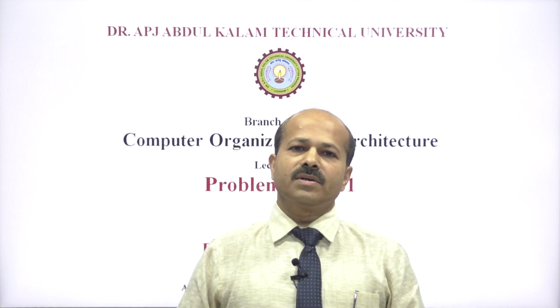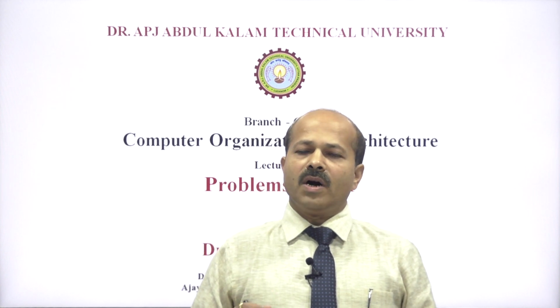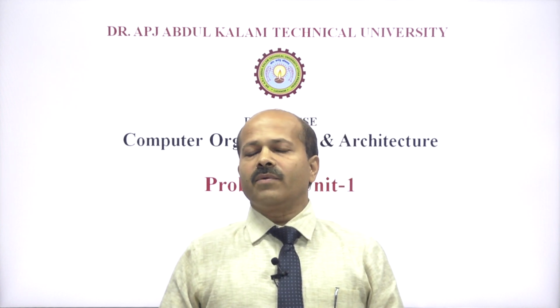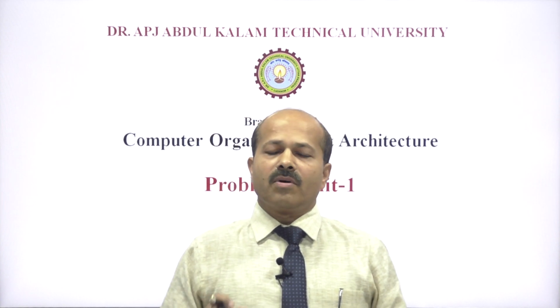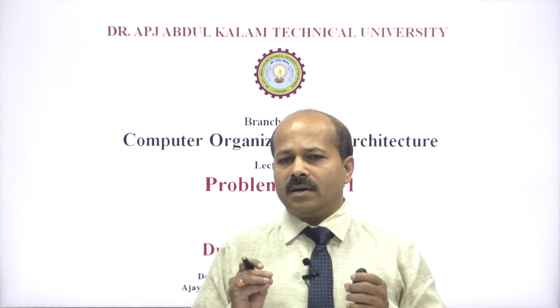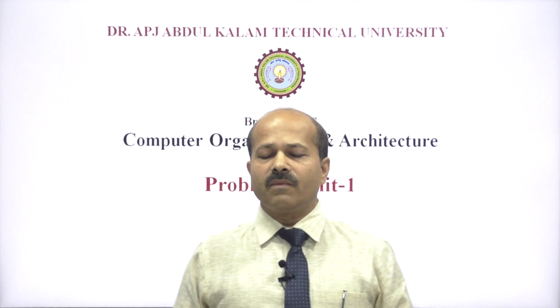In previous lectures, we have completed Unit 1 lectures from 1 to 7, where we have talked about concepts of basic functional units, and we have also talked about their operations. We have talked about registers, what are the symbols used to represent registers, and how register transfer language can be explained.